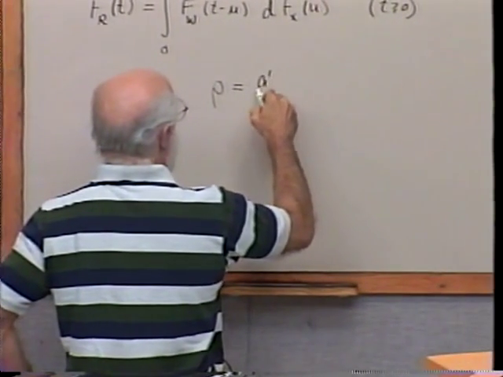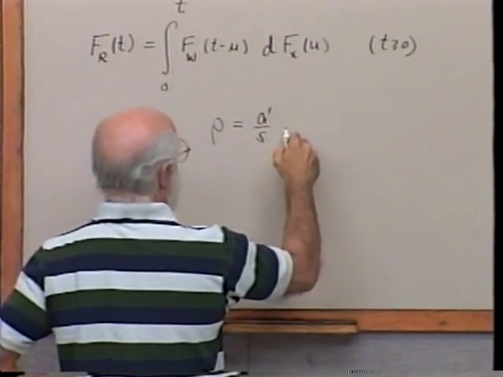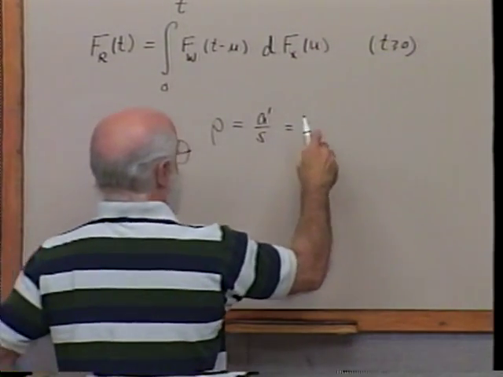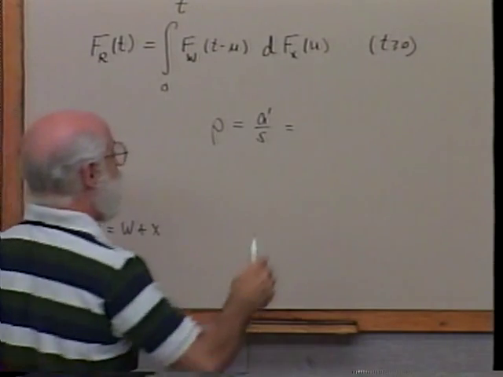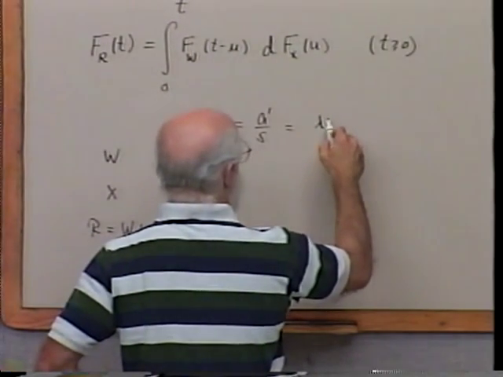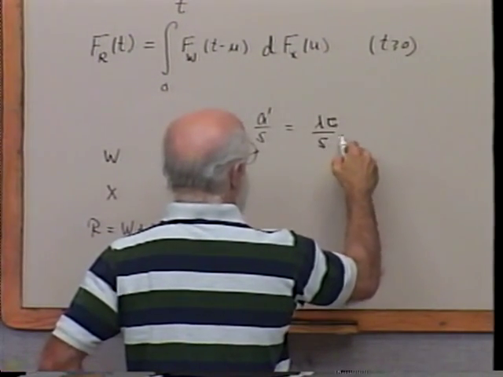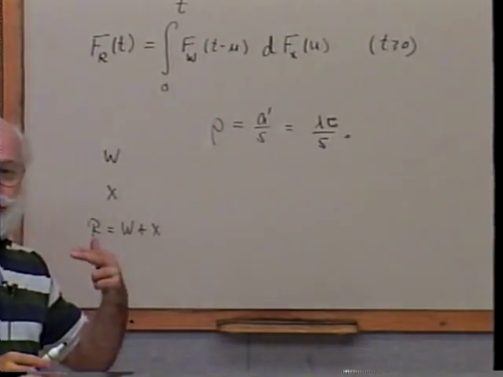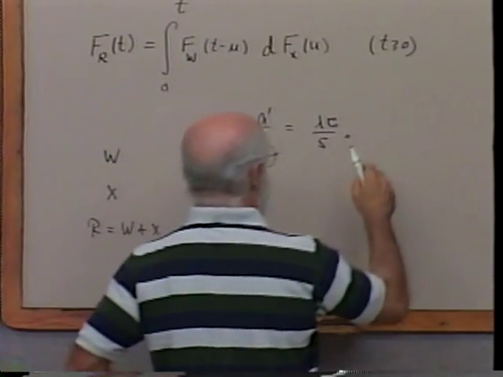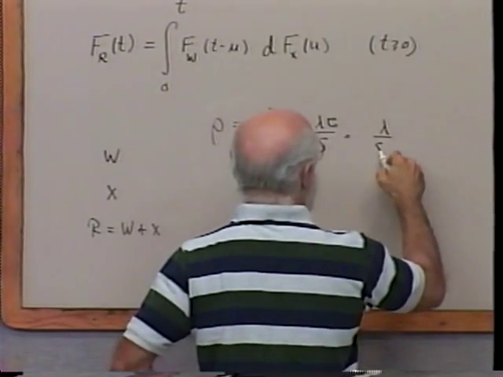The rho is equal to the carried load divided by the number of servers. And the carried load is the offered load if A is less than S. So that's going to be the arrival rate times the average service time divided by the number of servers. Or since mu is the reciprocal of the average service time, that's just a definition, then it's equal to lambda over S mu.